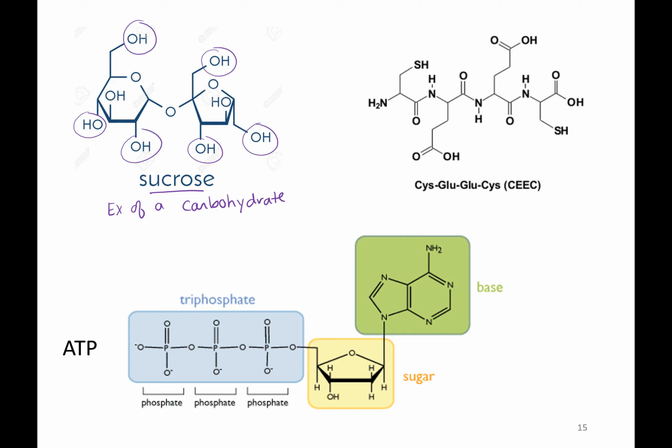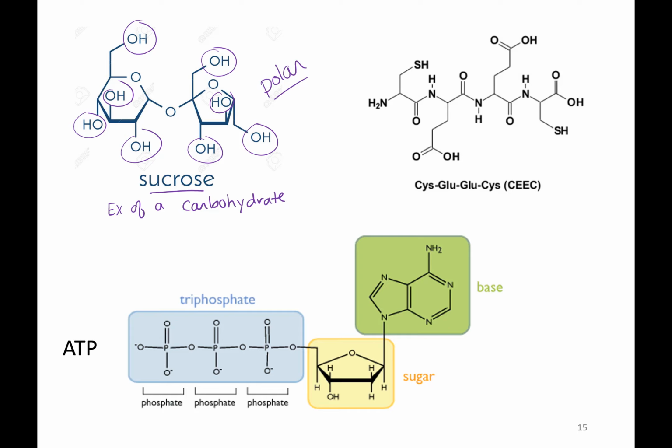All of those OH groups make this molecule polar. There are slight negative and positive charges all over. So carbohydrates dissolve in water. And you know that because you can put sugar in water and stir it up and the little sugar crystals disappear.